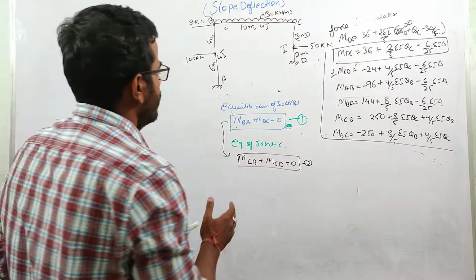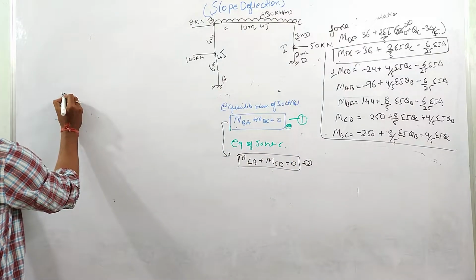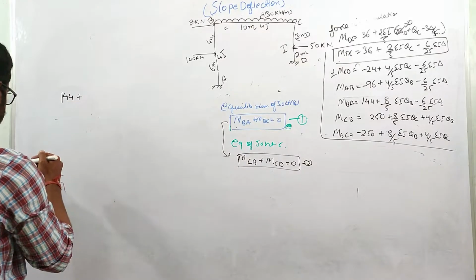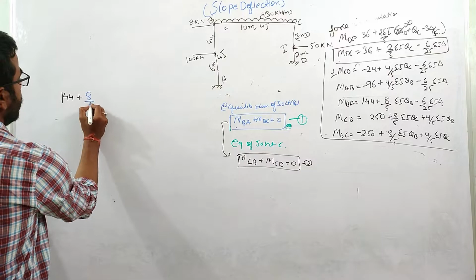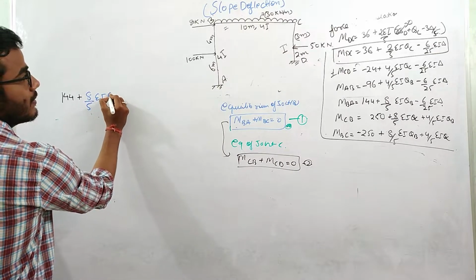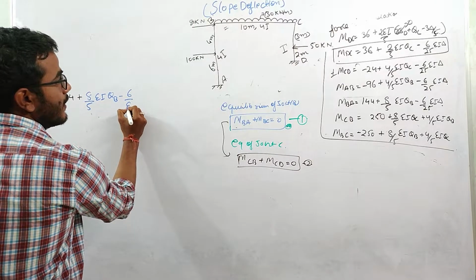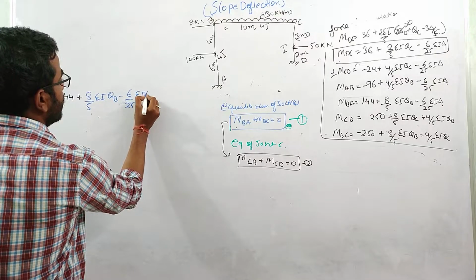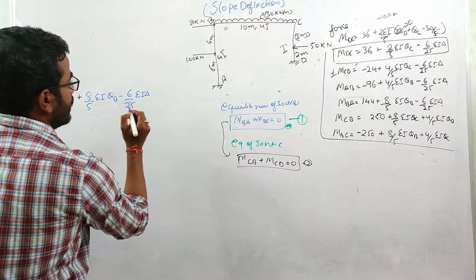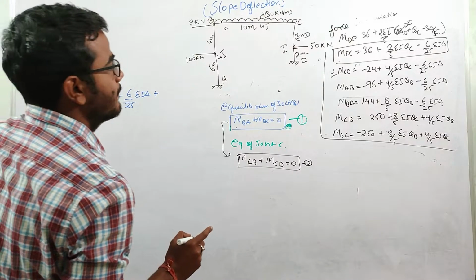So if we put this value, MBA is nothing but minus 144 plus 8 by 5 EI theta B minus 6 over 25 EI delta, right? And this plus the MBC.